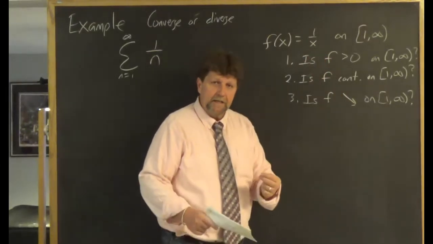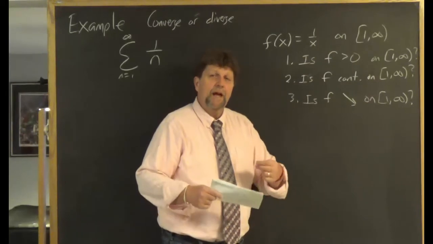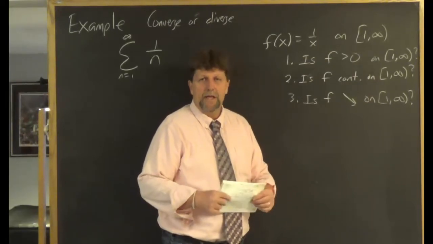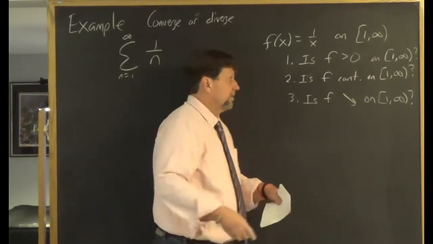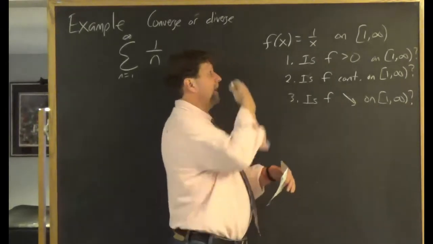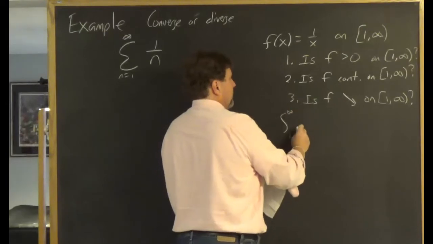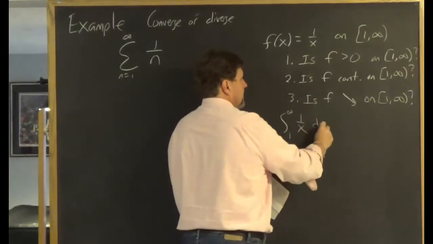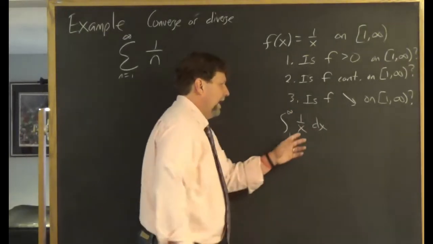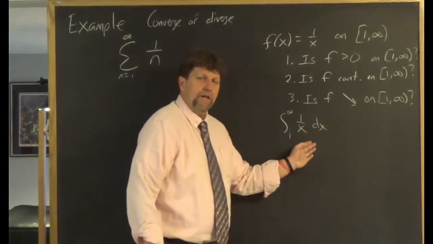So because it satisfies all 3 conditions, I can use the integral test. So the integral test says we're going to analyze an improper integral. We're going to look at the integral from 1 to infinity of 1 over x dx. And it's the behavior of this improper integral.